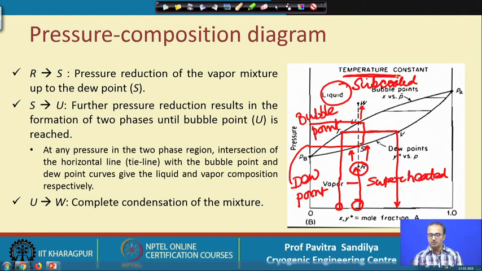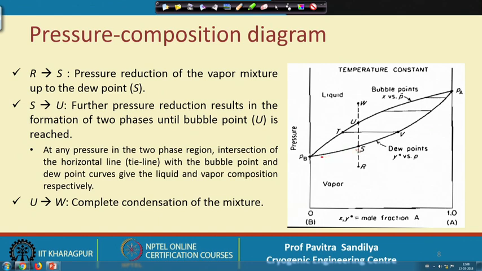So that is how we can know how the composition of the liquid and the vapor would change with the change in the pressure at a constant temperature for a given mixture. I am not specifying this about binary, because whatever concepts we are developing, they are applicable for multi-component systems as well.